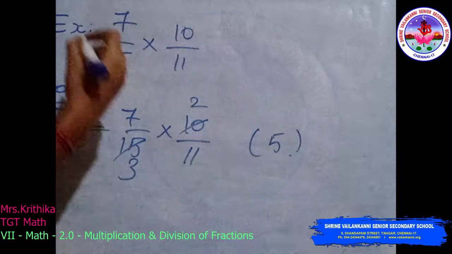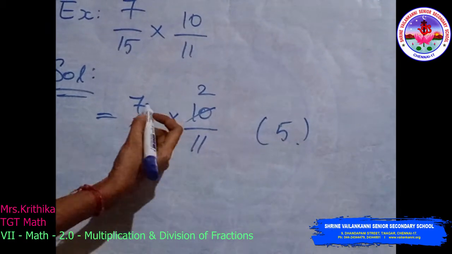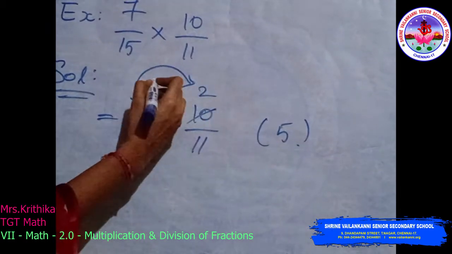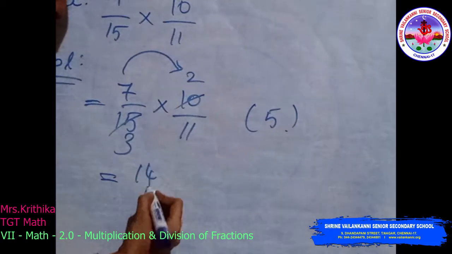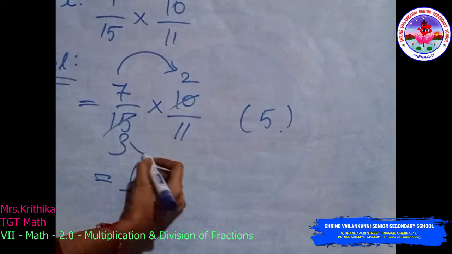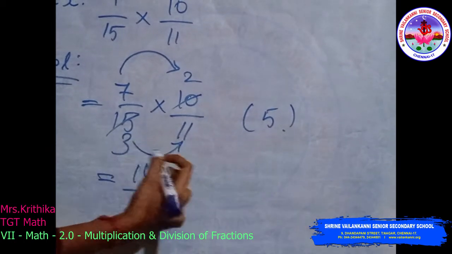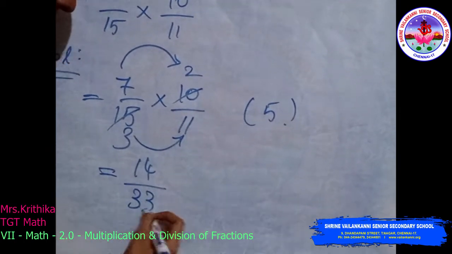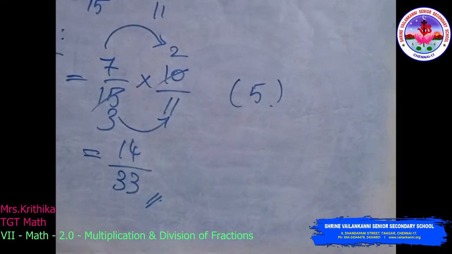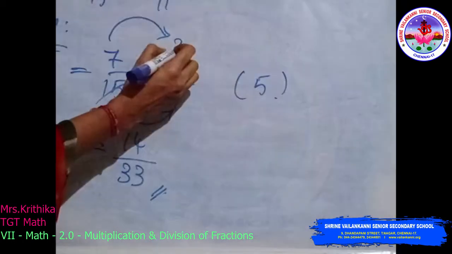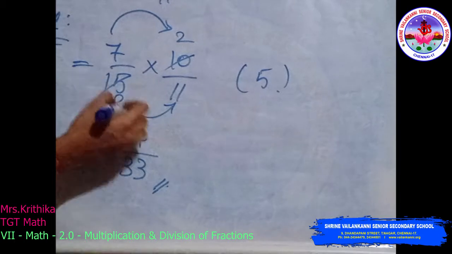Now the second step is multiply. 7 2s are 14, multiply numerator and then multiply denominator. 3 into 11, 33. You must multiply the numerator value to the numerator value, and the denominator value to the denominator value.